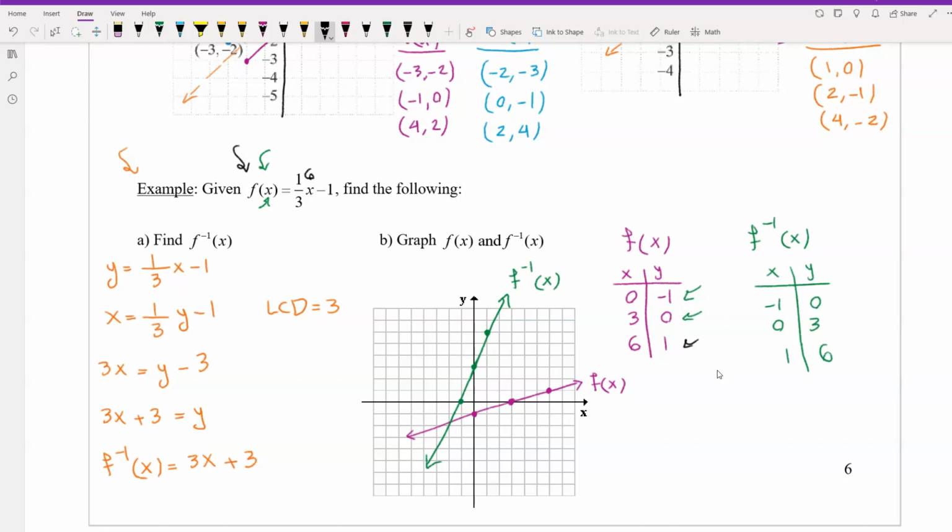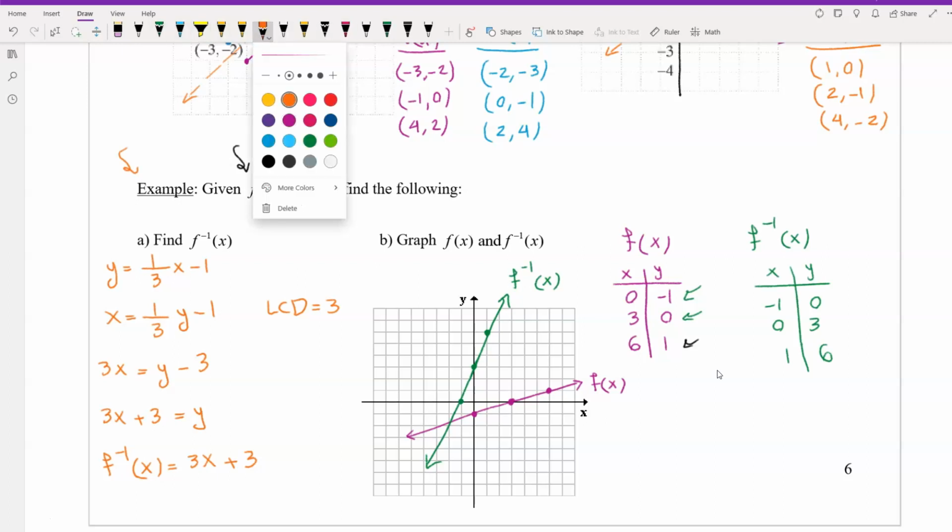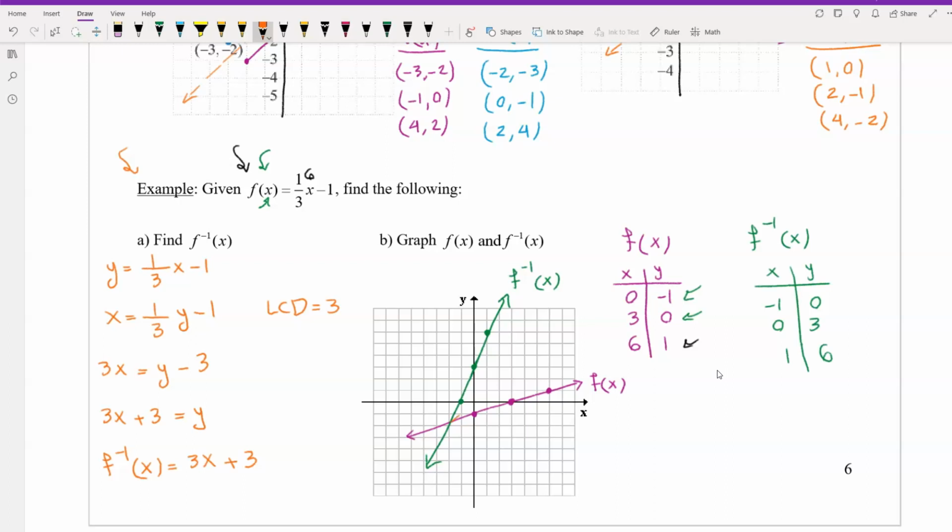So this means we mirrored these points using y equals x. So we graph both f of x and f inverse.